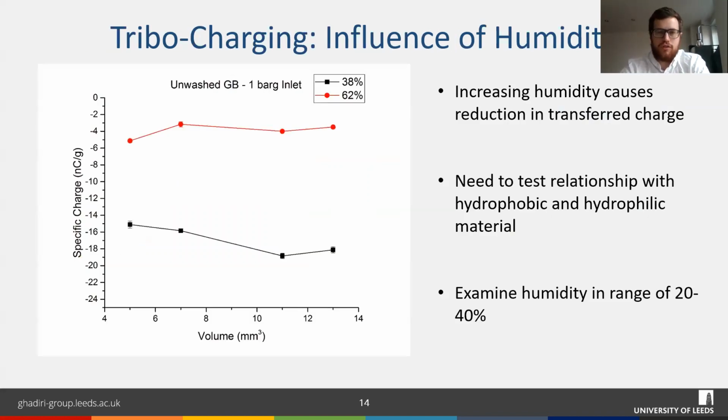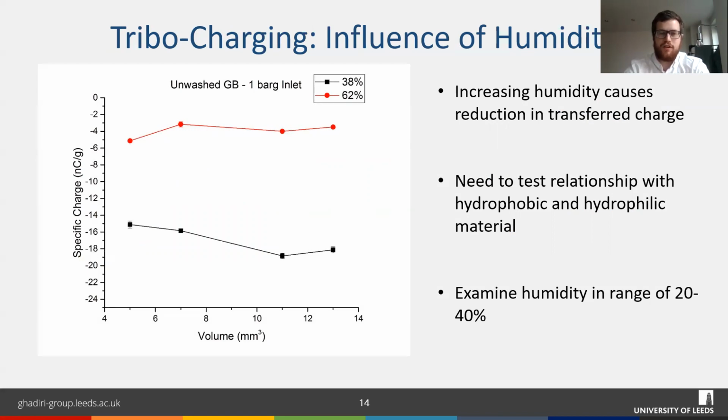And then just to round up this tribocharging analysis, we also considered the influence of humidity. This is with the unwashed glass beads only, with a 1 barg inlet against a stainless steel SDU. And you can see that with these tests at 38% and 62% humidity, there's a dramatic change in the amount of charge being transferred between the materials.